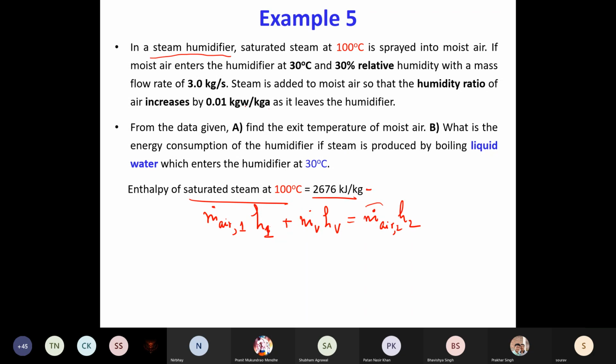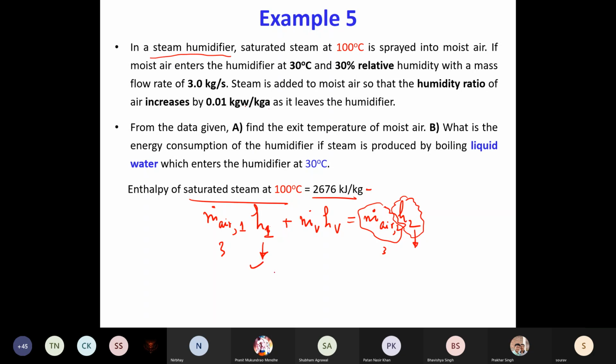Why I am just writing dry air is because I will be getting the enthalpy value from the psychrometry chart, and the psychrometry chart gives me all the enthalpy values in terms of per kg of dry air. So this is 3, this is 3. Enthalpy I have to get from the psychrometry chart. This I will obtain by solving this equation.